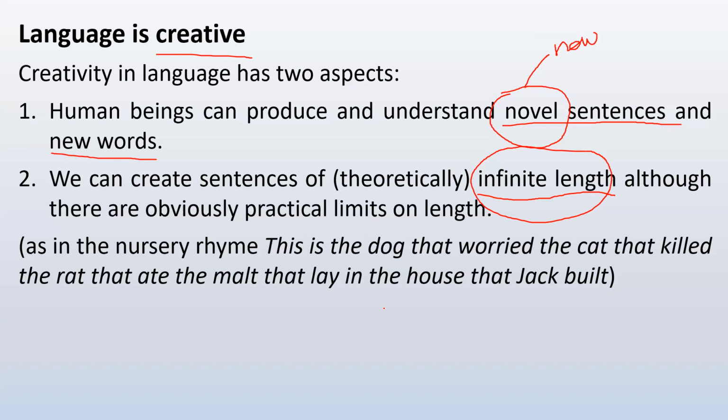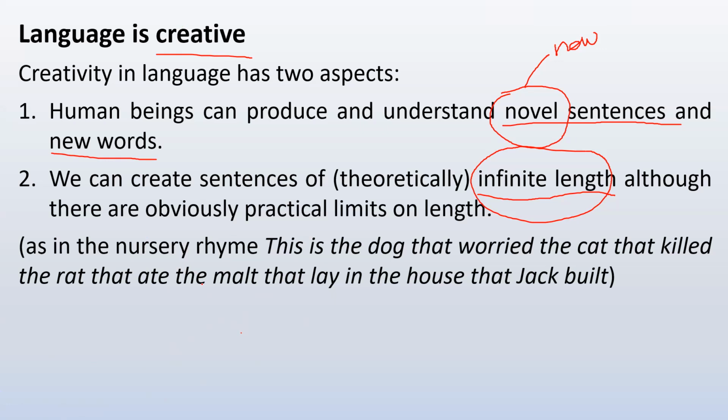We can never say. So that is why we say creativity of language means producing unlimited novel sentences that are infinite in length using limited resources like vocabulary and grammar. Hope you got the idea now. That point about limited resources is not there in the slide. That's something I have added to the discussion so that you can easily understand the real nature of language.